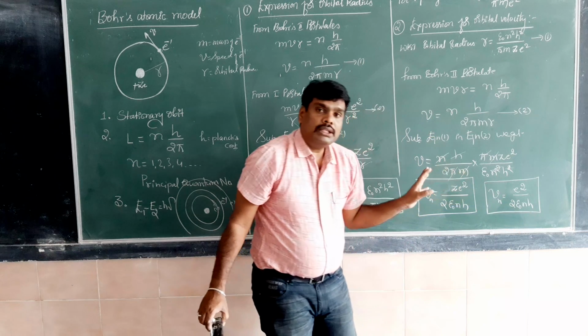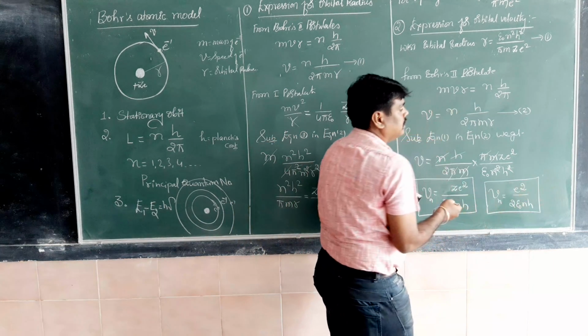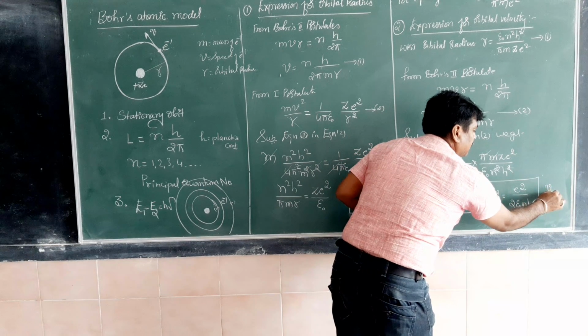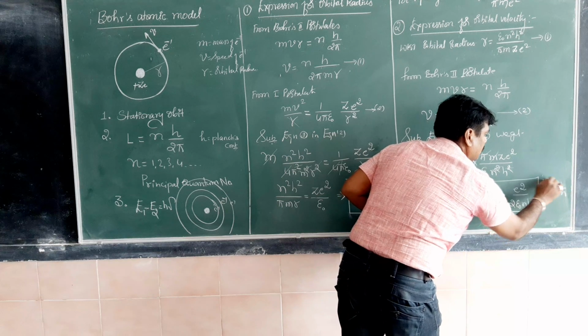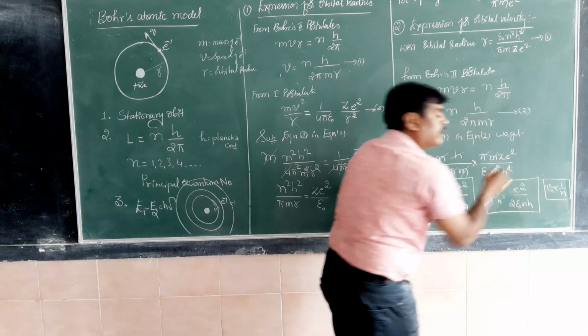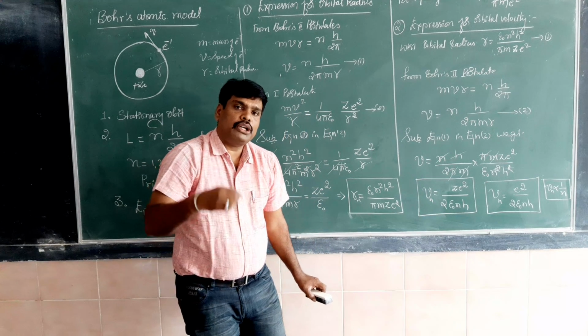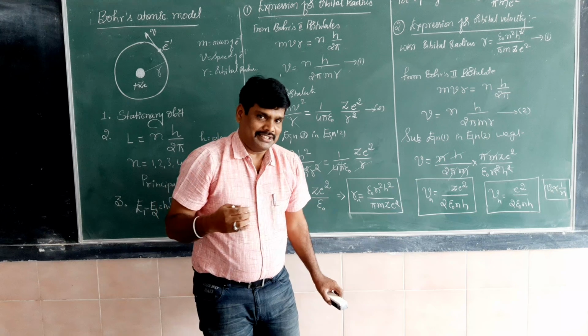It means only the principal quantum number is the variable. So this equation clearly says that the orbital velocity is inversely proportional to the principal quantum number.